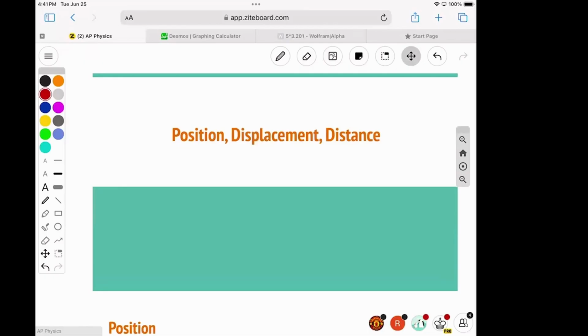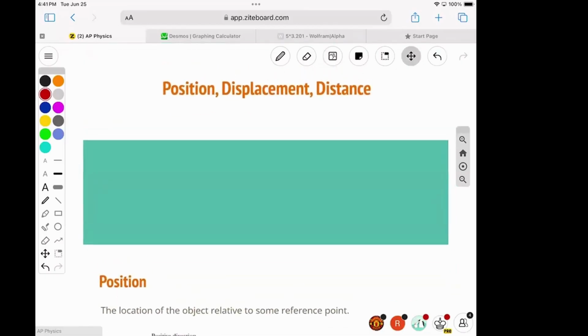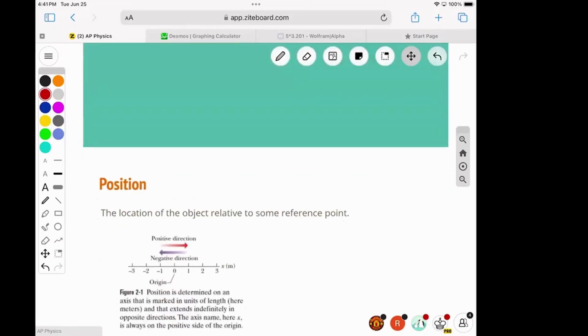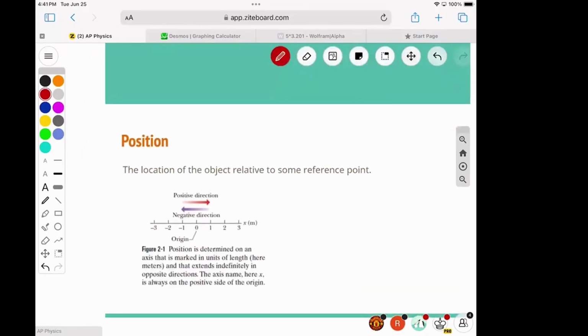So position, displacement, and distance, they are very similar. So first of all, position is literally the location of an object relative to some reference point, right? So for example, if I have Tom here, and I have Jack here, and I have Rachel here, and I have, let's say, Nancy here.